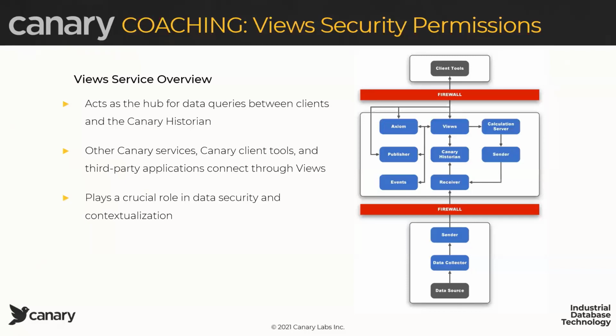The View service can be configured using the Canary admin application to grant or limit user access to data within the Canary Historian or any virtual view. So let's jump over to my Canary admin application and we'll get started.